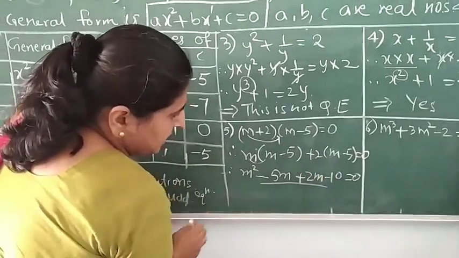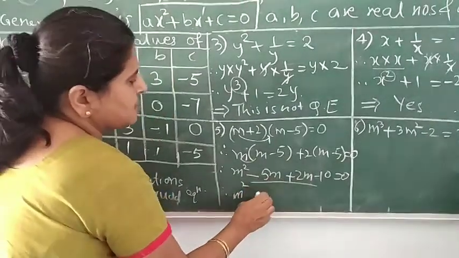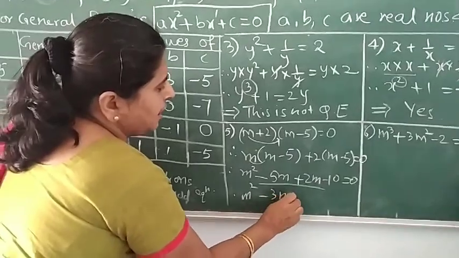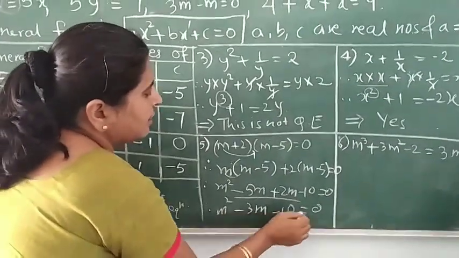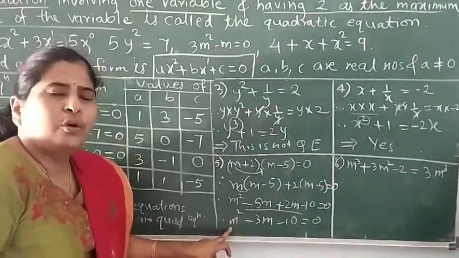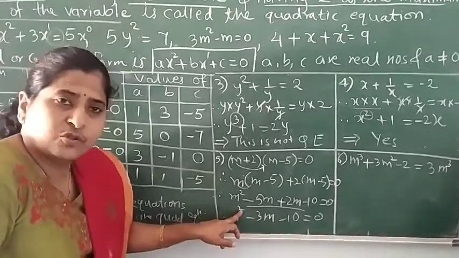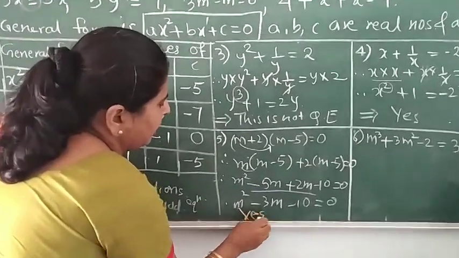We have two like terms here. So copying m square as it is, minus 5m plus 2m is going to be minus 3m, minus 10 is equal to 0. So here we got the equation. First of all, it has only one variable m, and the highest power is 2. So yes, it is a quadratic equation.